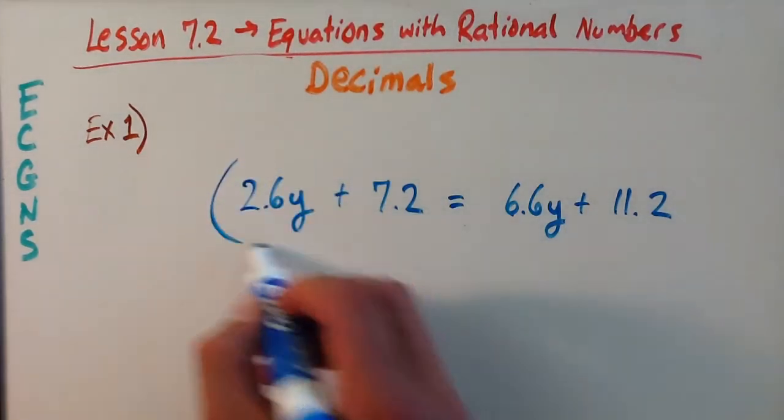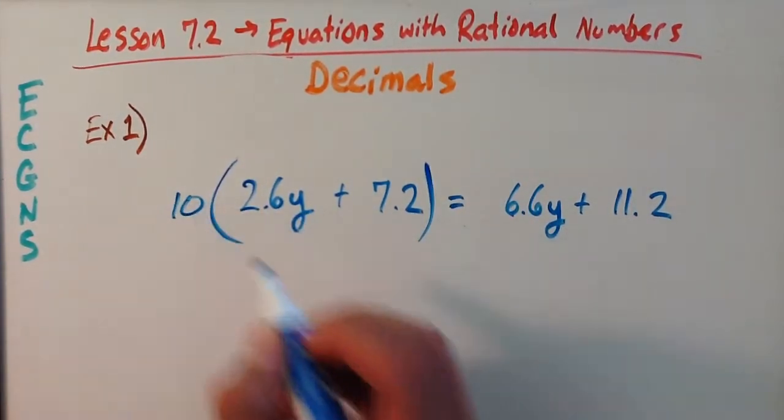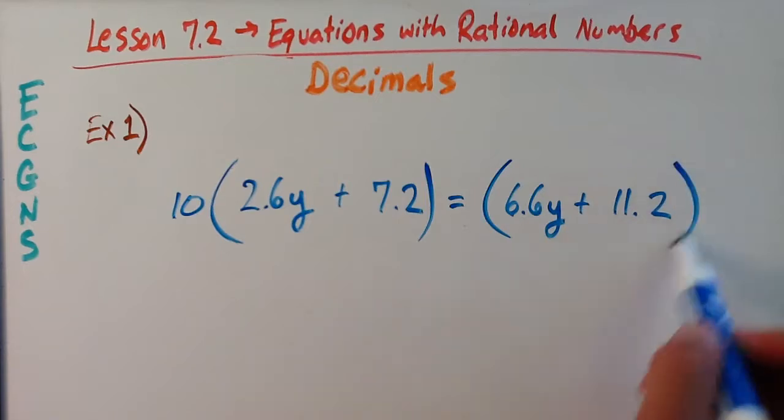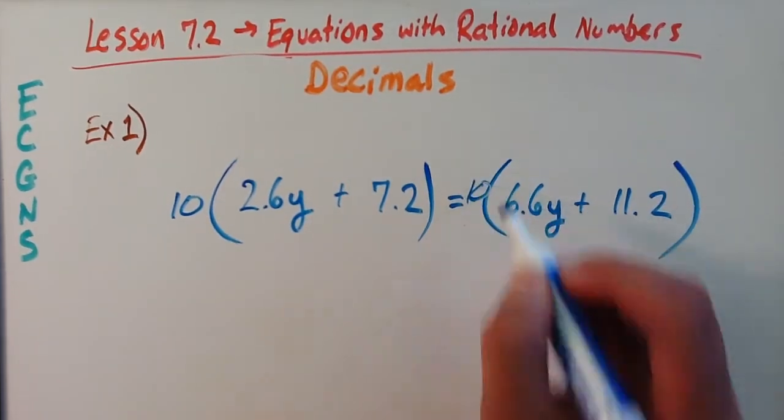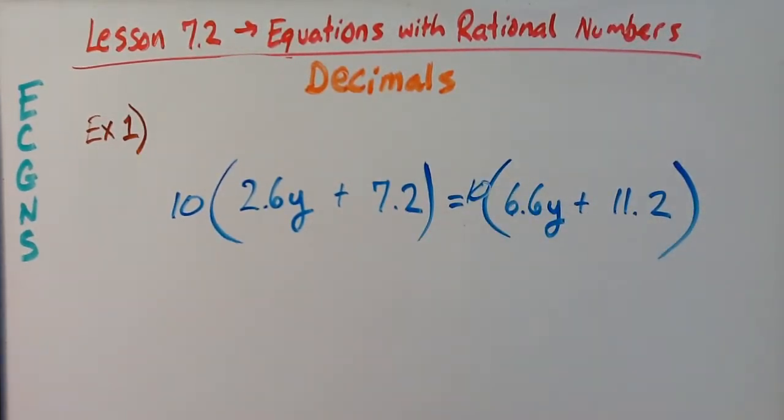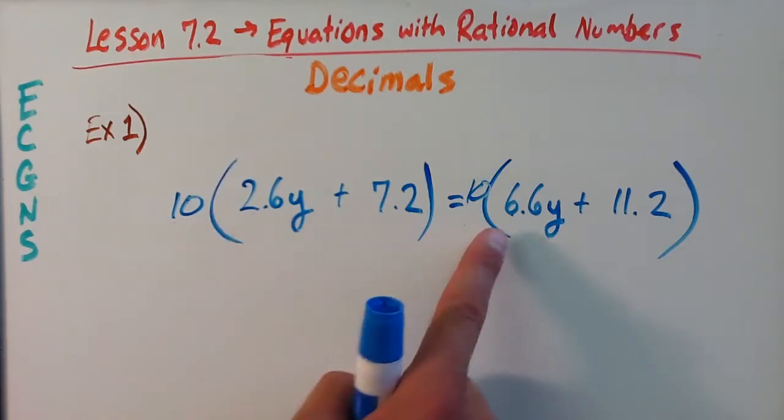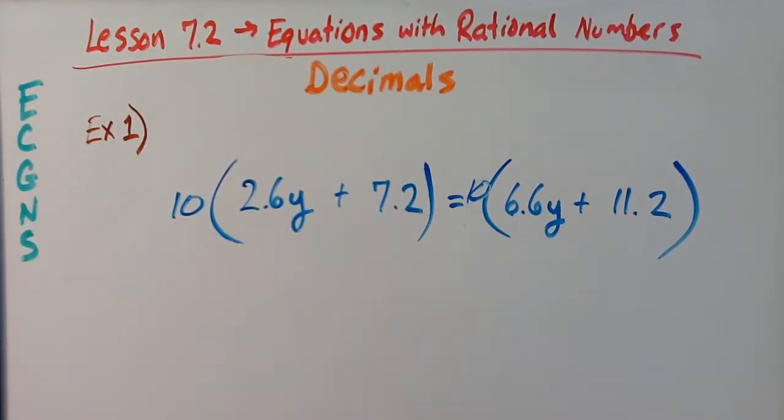Let's take the left side and multiply by 10 and take the right side and multiply by 10. I put both sides in parentheses to show that I'm multiplying by 10. I do the same thing to both sides.